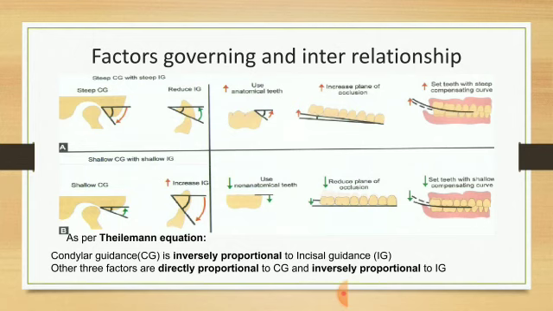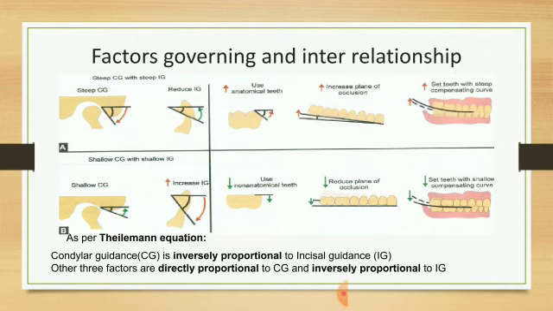Condylar guidance, incisal guidance, cuspal angulation, plane of occlusion, and compensating curves. So these are the 5 factors. Among that, the condylar guidance and incisal guidance are always inversely proportional. For example, if we have deeper or steep condylar guidance, then we need to reduce the incisal guidance, or vice versa. If we have shallow condylar guidance, then we need to increase the incisal guidance. Clear?